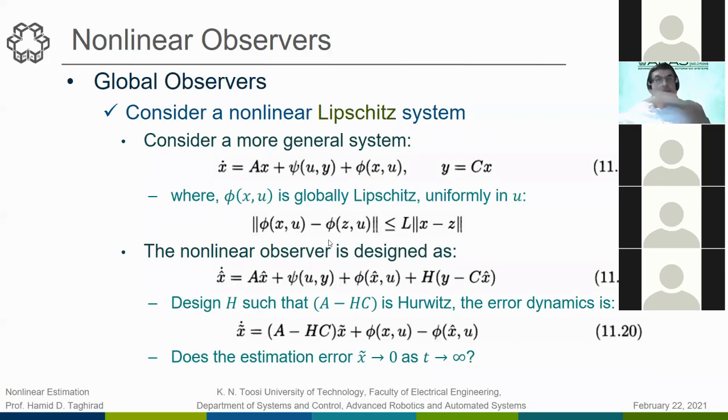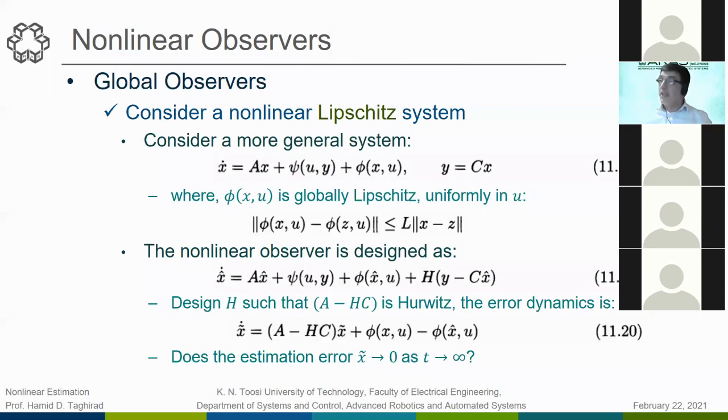So we have the old observer. We now add another term to the motion model of the system. The motion model is basically increased by this form that we see here. We bring the phi here, but phi is a function of x, and we should add x hat into the dynamics of the system.